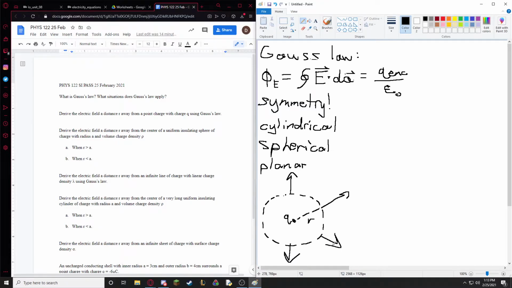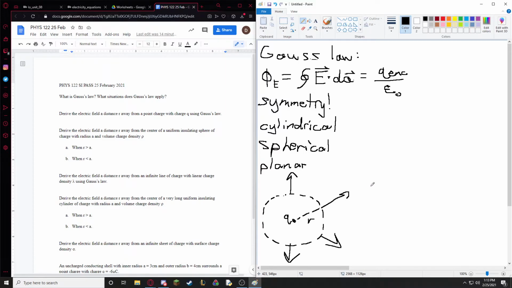And what direction is the area vector dA for a sphere? That's also radially outward and perpendicular to the surface. Exactly.